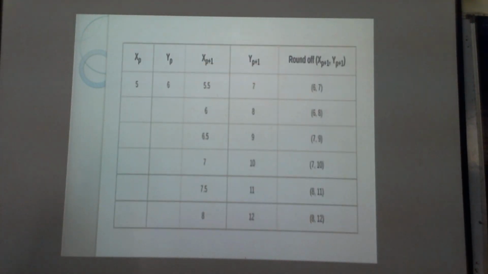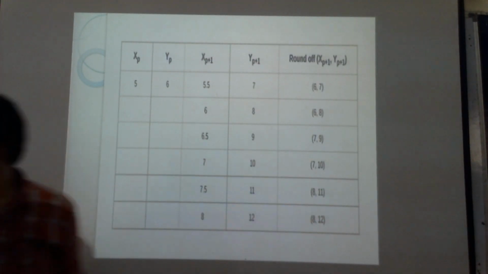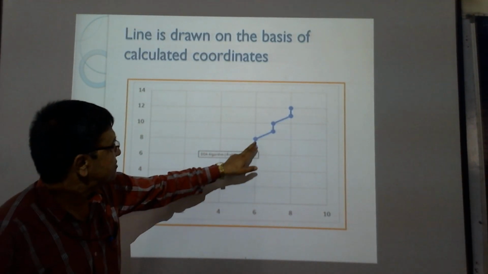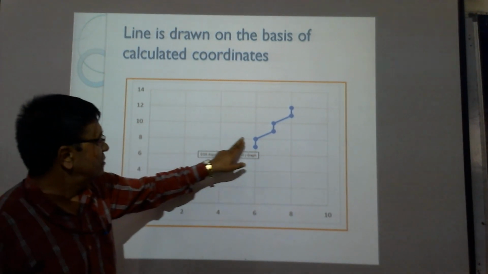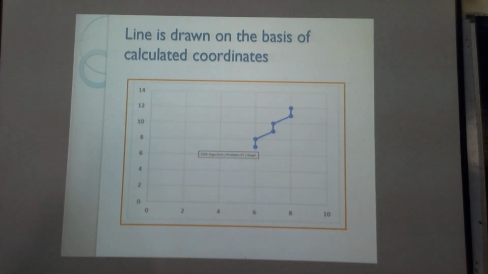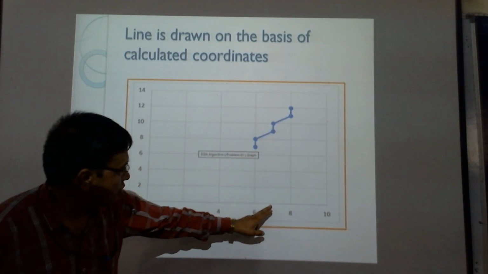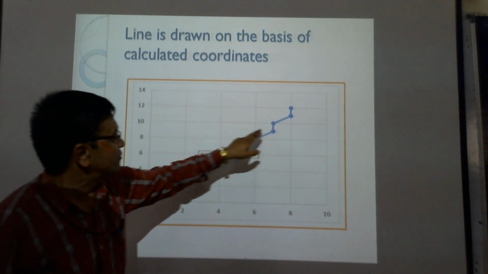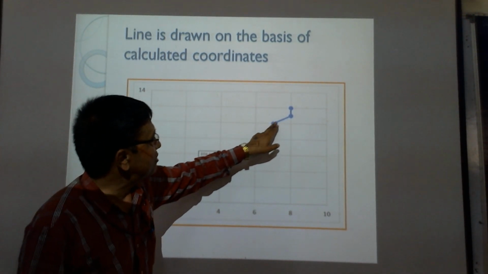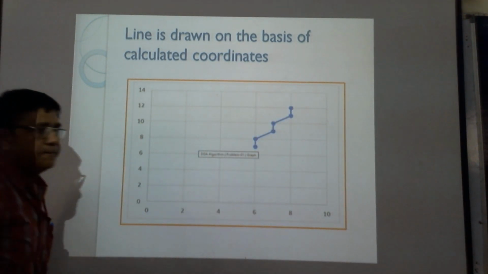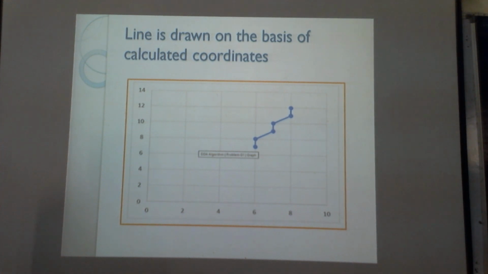Then 6, 8 is this point, and next is 7, 9. Now on the x-axis, this is 7 and this is 9. So we draw all the points on the screen. See, finally we get this line using the DDA algorithm.